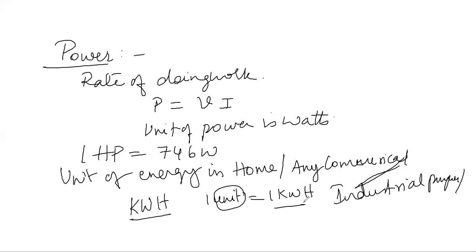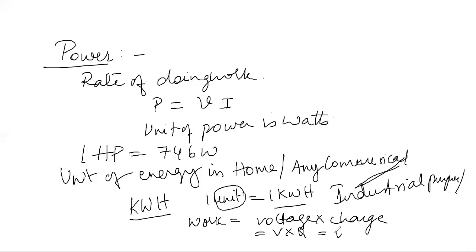When you want to derive an expression for energy in terms of work done, usually we have work is equal to voltage into charge. That is V into Q, which is V into, what is Q in terms of current and time?